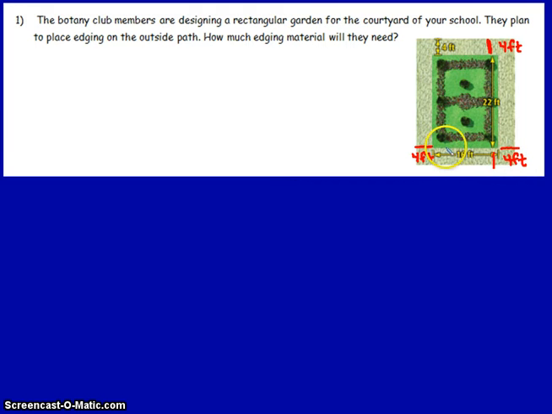And so instead of having 16 by 22, you now have a length of 22 plus the top 4 plus the bottom 4, which is 30. And you have a width of 16 plus the left 4 plus the right 4, which is 24.